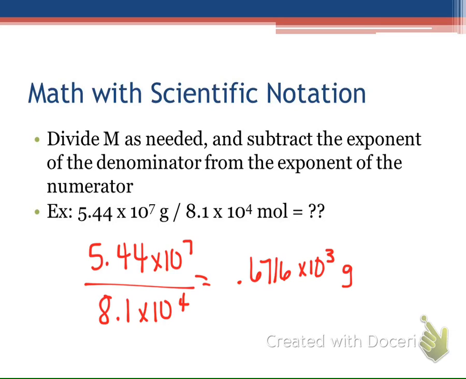Yeah, so the units would be grams per mole. Yep. Grams over moles. So units here were grams, units here were moles. Okay, so there's our raw answer, but is our M value between 1 and 10? No. So we need to move that decimal place, which means our final answer should be 6.72.